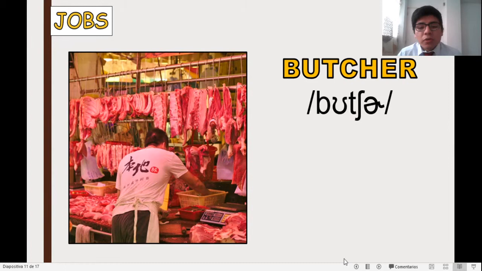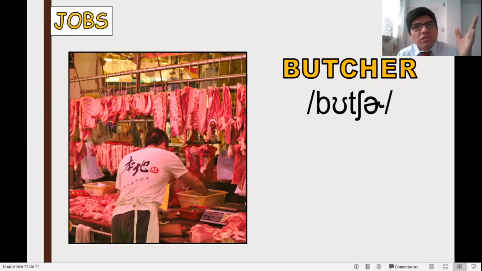Exactly. A butcher, yes, carnicero. A butcher es un carnicero. Maybe you find them in the market and you can buy your meat, because butchers sell as well chicken, pork.